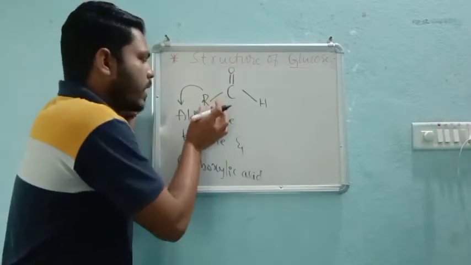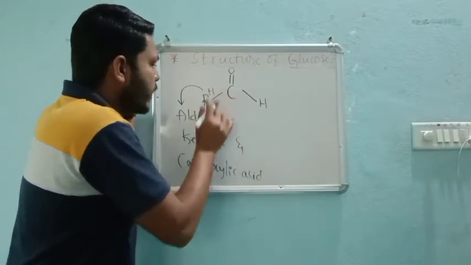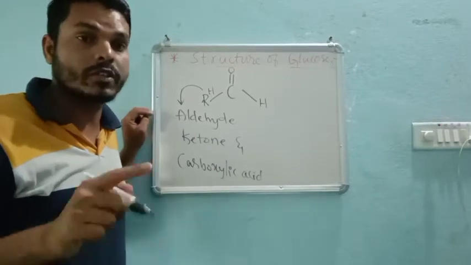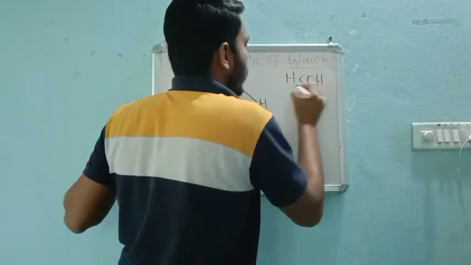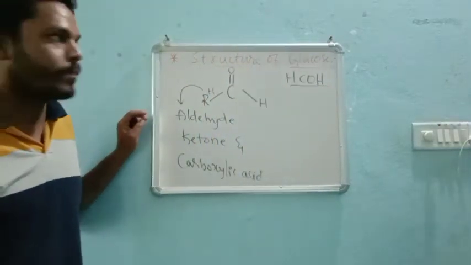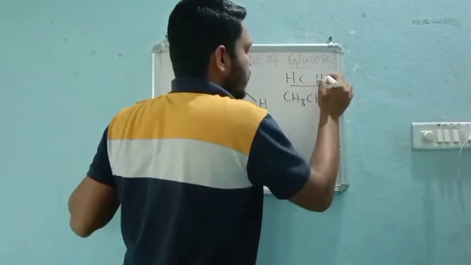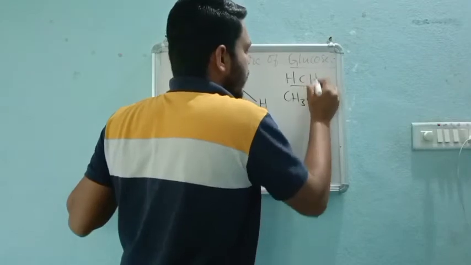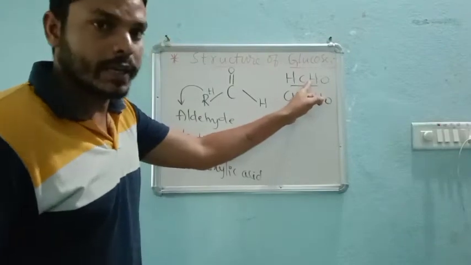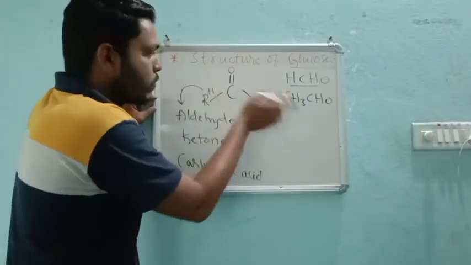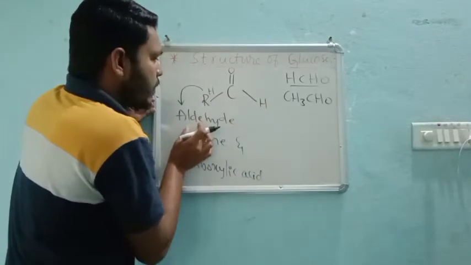One side should be an R group, or else in case of aldehyde, it may also be H, that is called formaldehyde, HCHO. In first year I already explained this. HCHO, or else CH3CHO, or you can say CHO. That clearly means aldehyde. HCHO is nothing but formaldehyde. In case of aldehyde, it may be R or H on both sides.